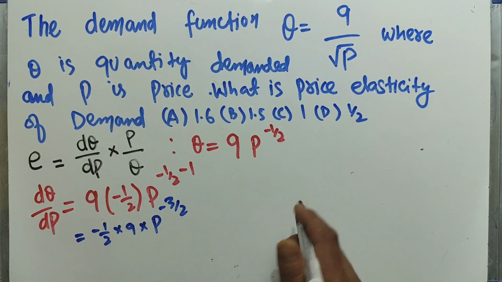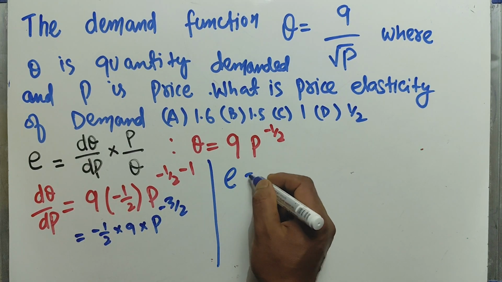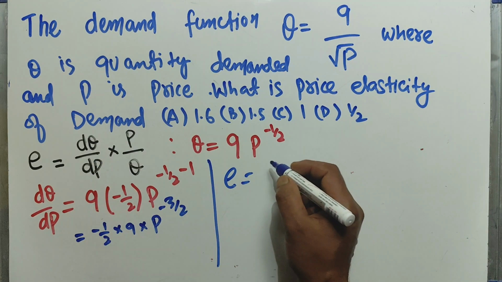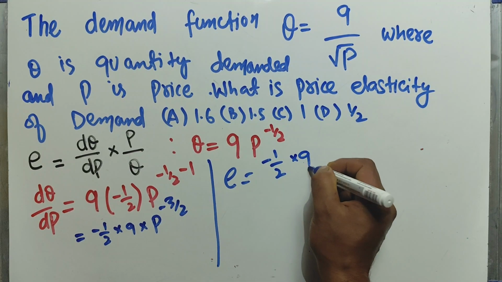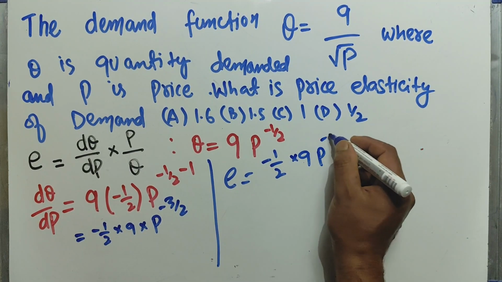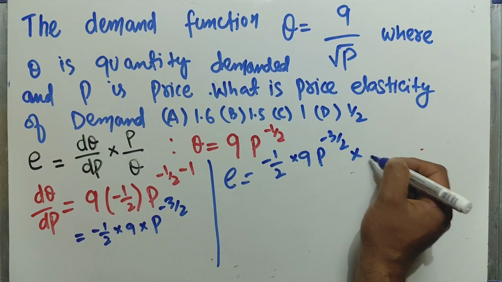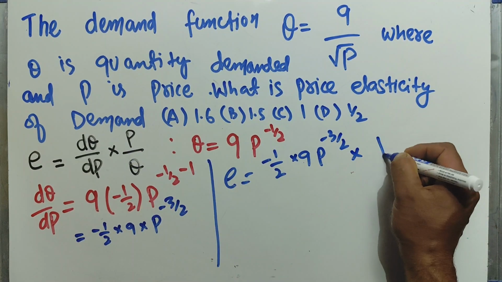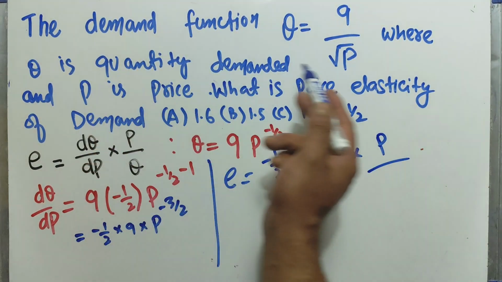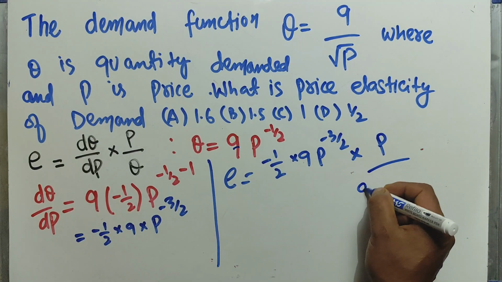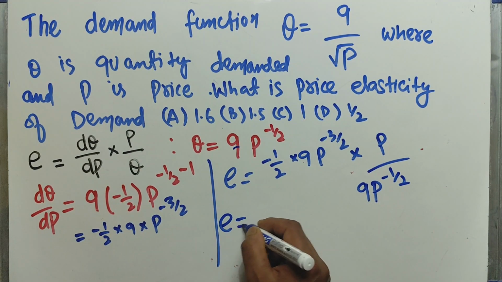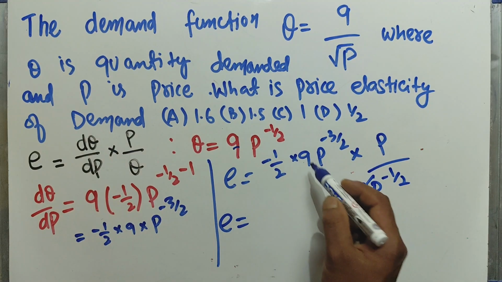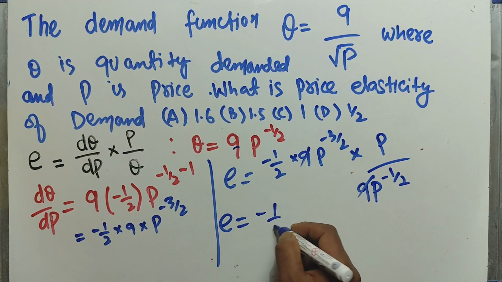Then elasticity of demand, as we know, is equal to dq upon dp, which we calculated as minus 1 upon 2 times 9 times p raised power minus 3 upon 2, times p divided by q. Q is the original function, 9 p raised power minus 1 upon 2. Solving further, E will be equal to, so 9 gets cancelled, we are left with minus 1 upon 2.